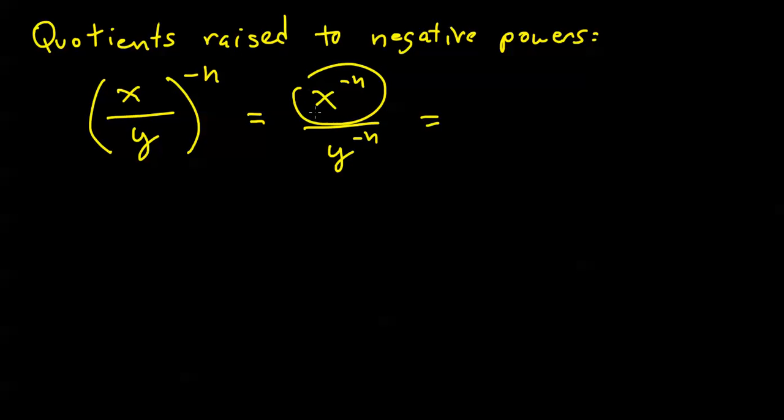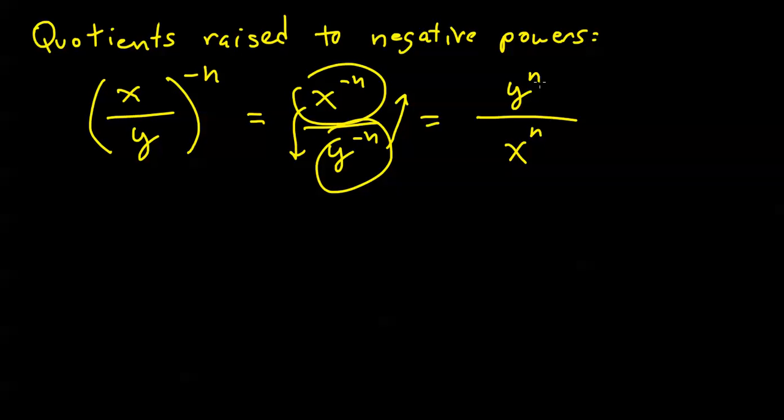And as before, if I've got a negative exponent in my numerator, I can move it downstairs as a factor with a positive exponent, and similarly if I've got a negative exponent in my denominator, I can move it upstairs as a positive exponent factor.